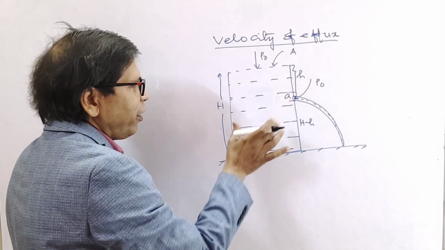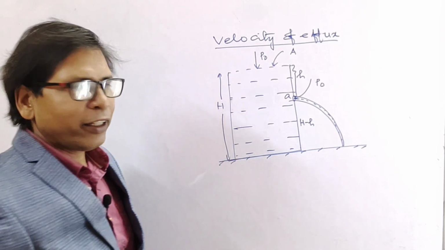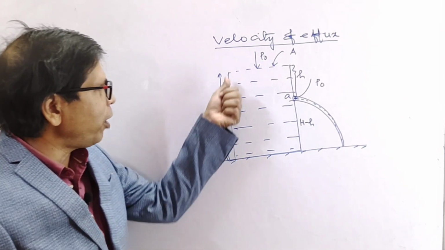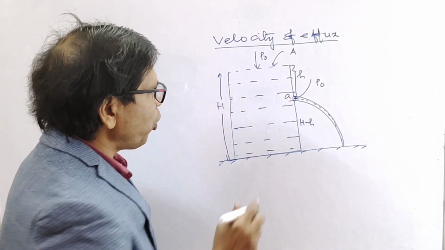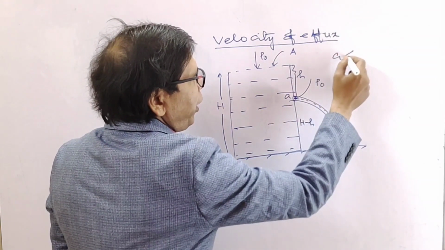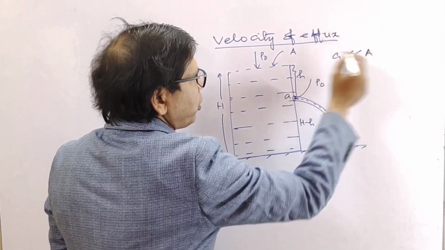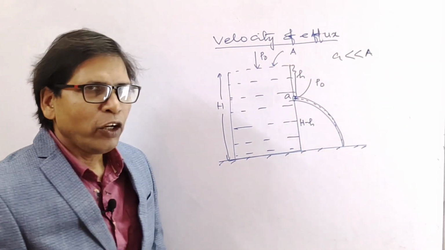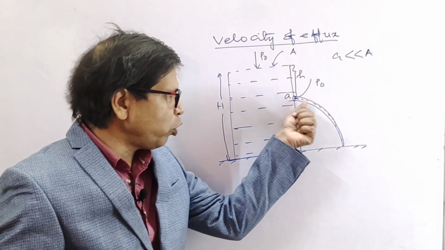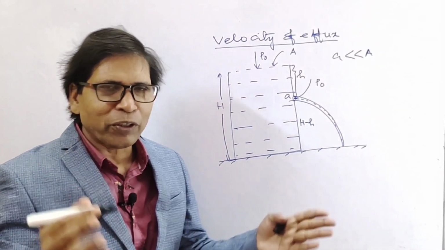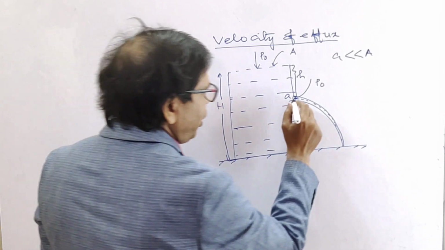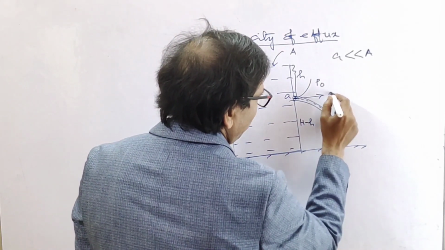This is a cylinder filled with water. Height of the water column is capital H. A narrow hole of area of cross section A, very less than the area of cross section of the cylinder, so water flows out from this narrow cross section. Now we have to calculate the velocity of efflux through this hole.